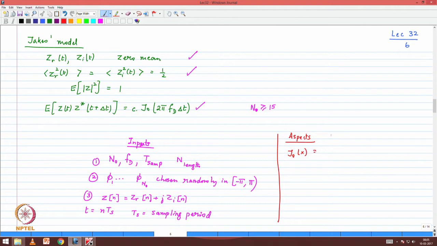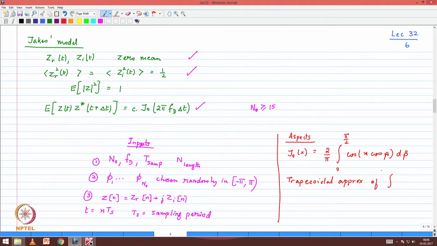For J0 of x, we have used the expression 2 by pi, integral from 0 to pi by 2 of cosine of x cos beta d beta. That is the expression for J naught, and we have used the trapezoidal approximation of the integral.